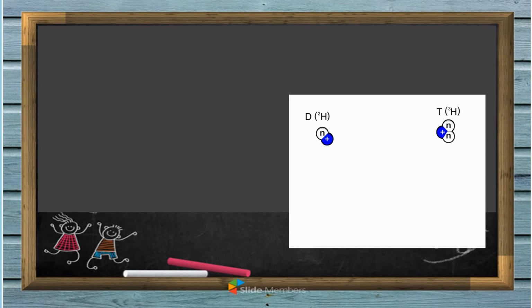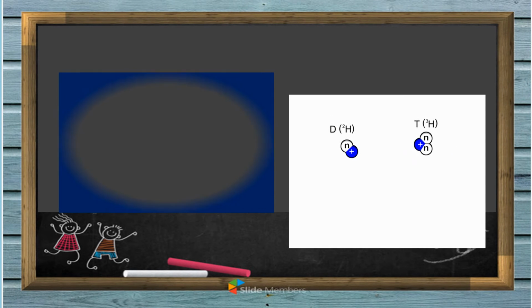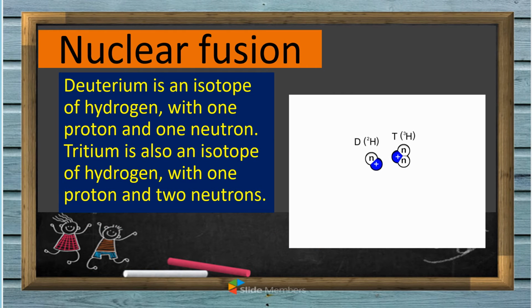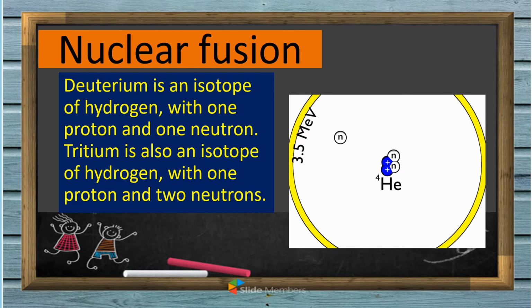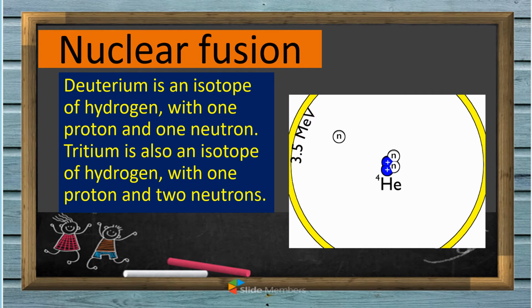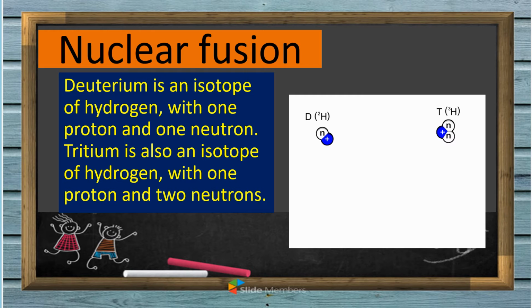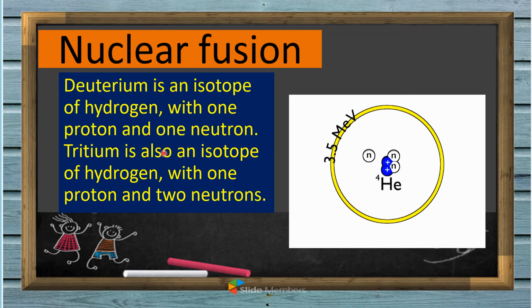An example of nuclear fusion is deuterium and tritium. Deuterium is an isotope of hydrogen with one proton and one neutron. Okay, this is deuterium having one proton and one neutron, an isotope of hydrogen.